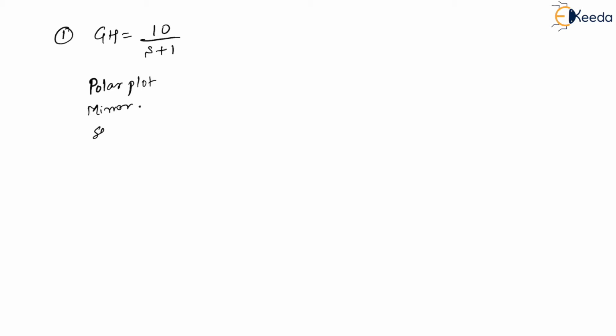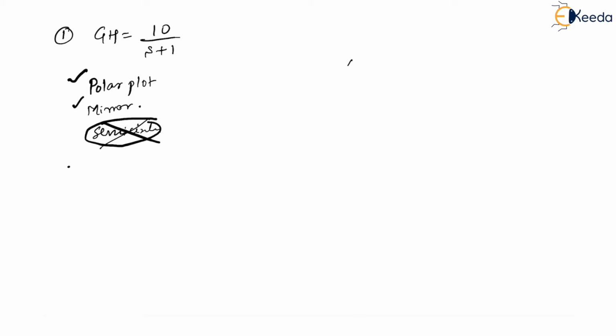Third step is semicircles. If you see here, you have neither any pole nor any zero at the origin, which means no need to draw semicircles. Third step is gone. So only 2 steps, that's it.